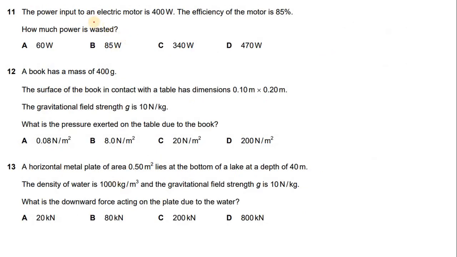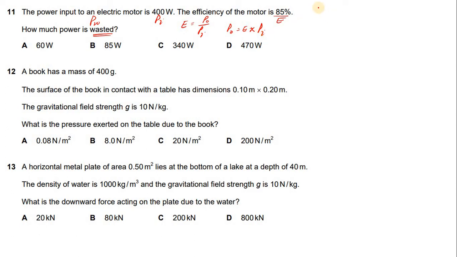Question 11. The power output of an electric motor is 400, this is PI. The efficiency of the motor is 85%. How much power is wasted? Wasted power, PW. First we find output power because efficiency and input power are given. Efficiency is output divided by input, so output power is efficiency multiplied by input power.